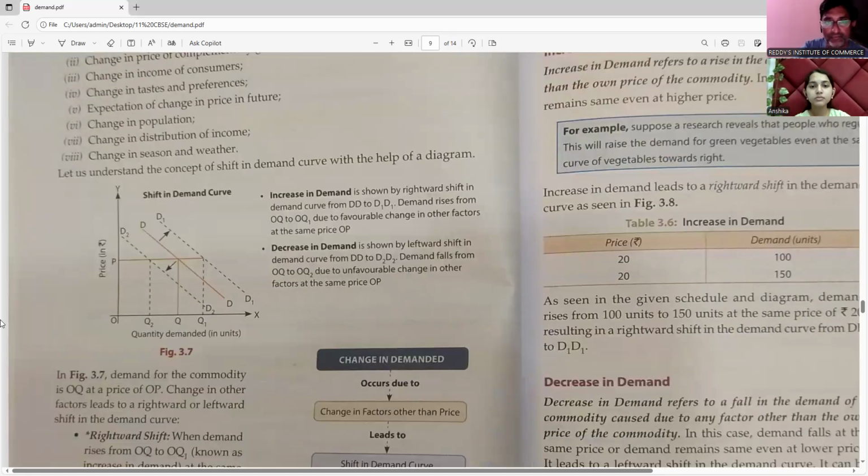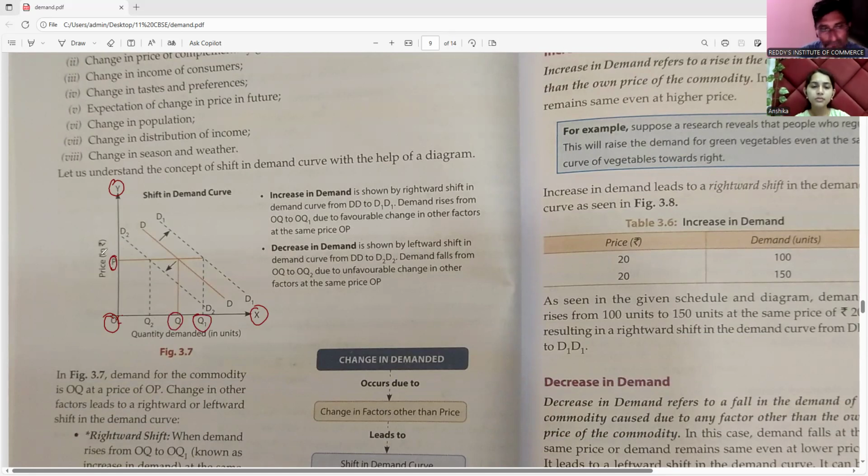See, here is an example. Again, as usual, here is the O-axis, here is the X-axis, here is the Y-axis. When price was this, O to P, your demand was O to Q. Right?